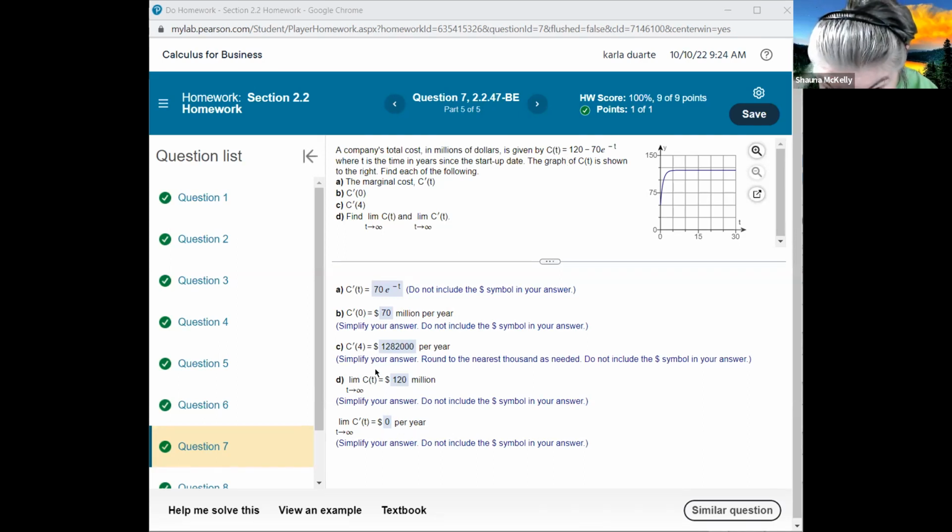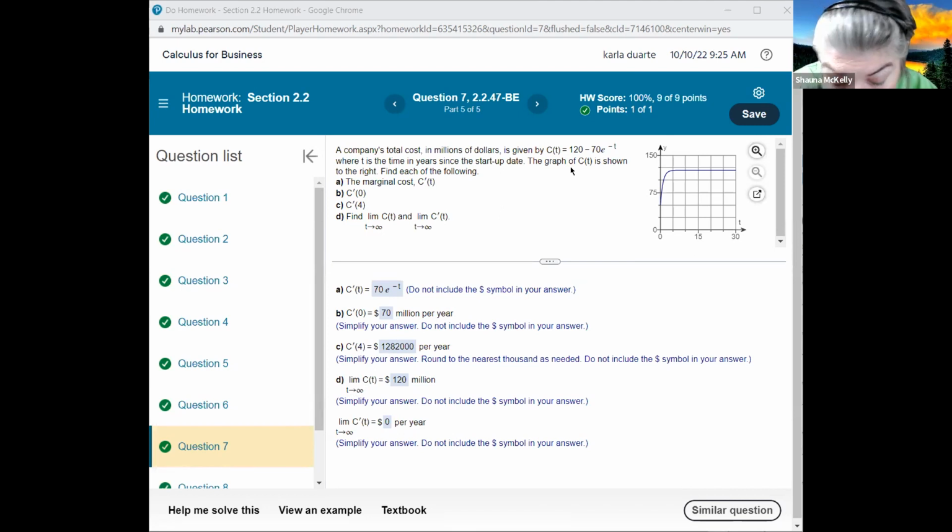It says, find the limit as t goes to infinity of c of t. If t is going to infinity in c, then e to the negative t is going to go to 0.